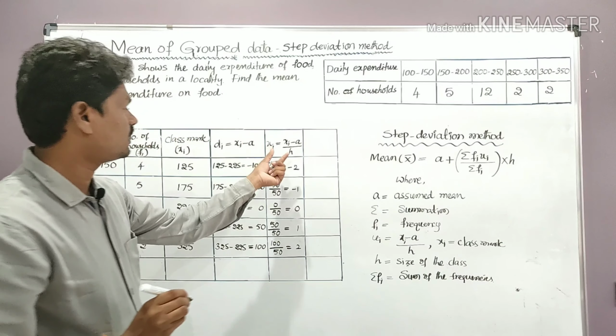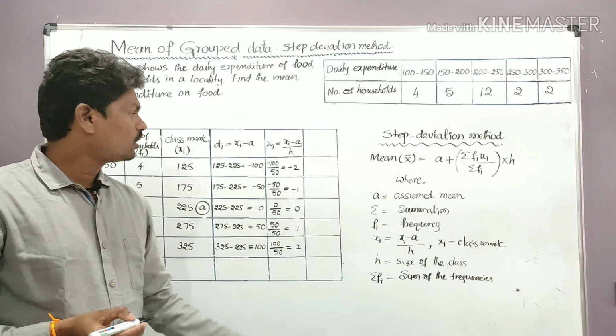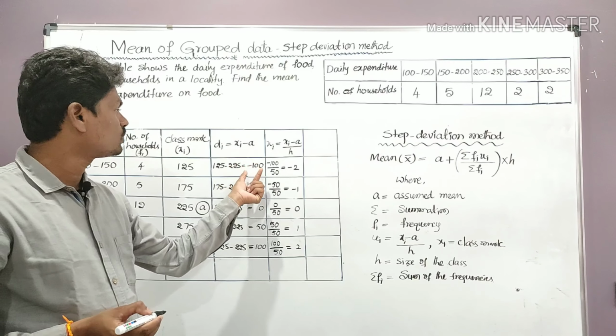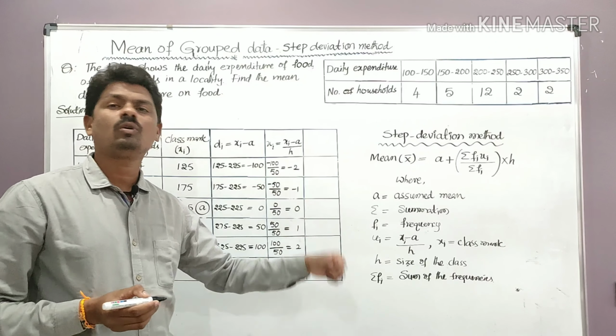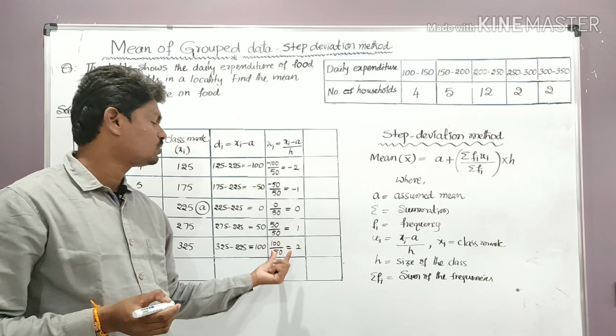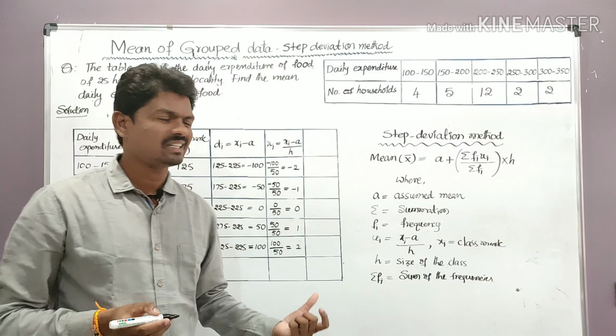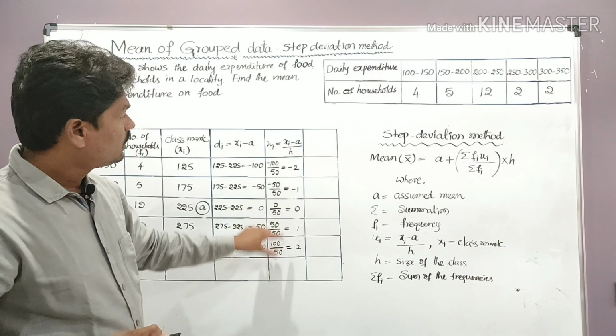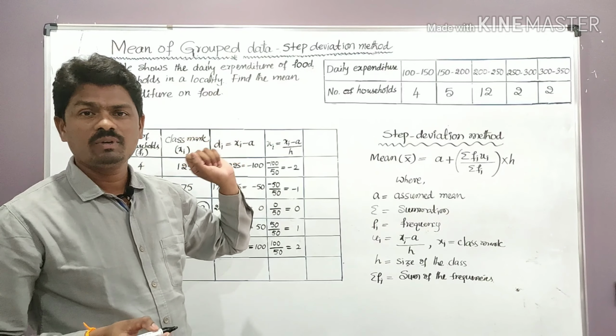So these are the ui values, student. Now these larger values have been converted into smaller values by dividing by a fixed value, that is the size of the class. So this is the u column in the step deviation method, student.